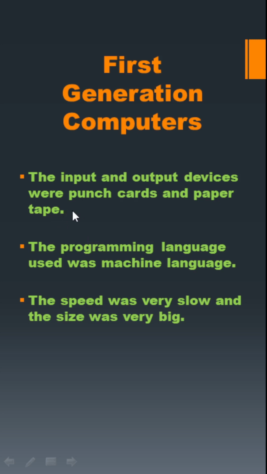The input and output devices were punch cards and paper tapes, while the programming language used was machine language. The speed was very slow and the size was very big.